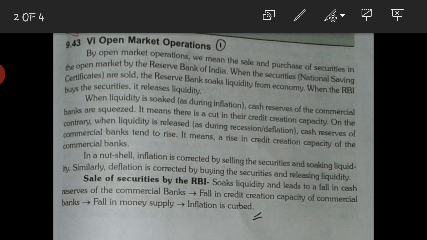Whenever securities like NSC, KVP, Kisan Vikas Patra, National Savings Certificates, are sold in the market, then RBI tries to soak the liquidity from common people so that the excess amount of money with common people can be reduced, and so for the economy.